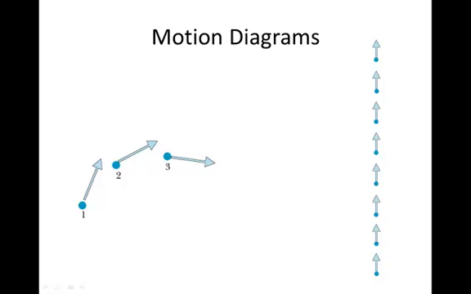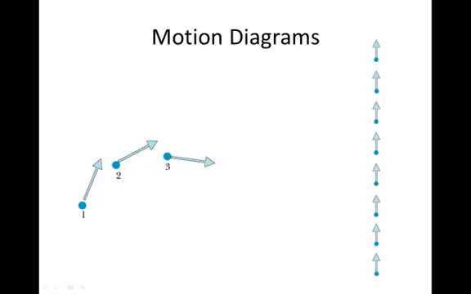It's telling you at this particular position, which way is it moving? And notice that this arrow is pointing away from point 2. That fact alone tells us that there's some sort of interaction going on, because at this point, this object is moving this way, but something is causing it to go in a curved trajectory of some sort.